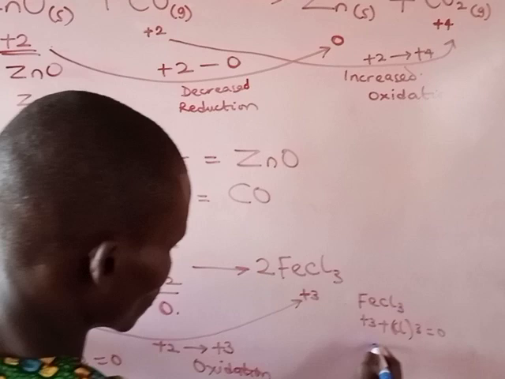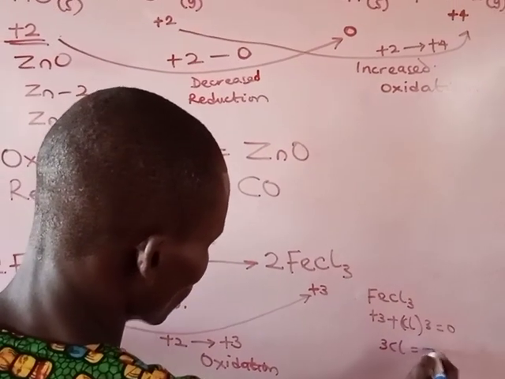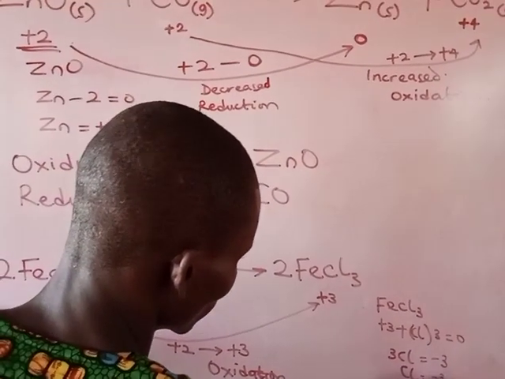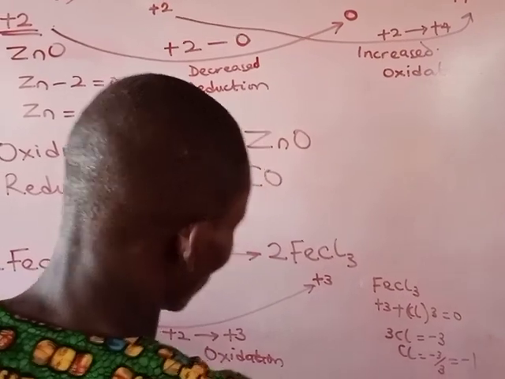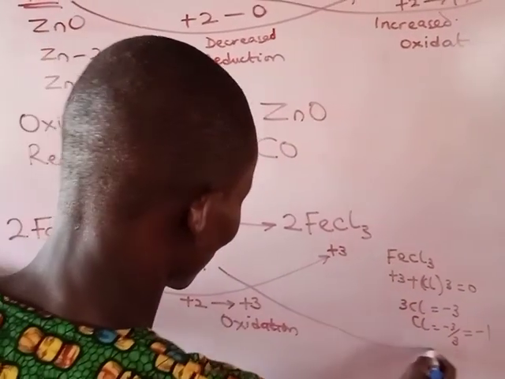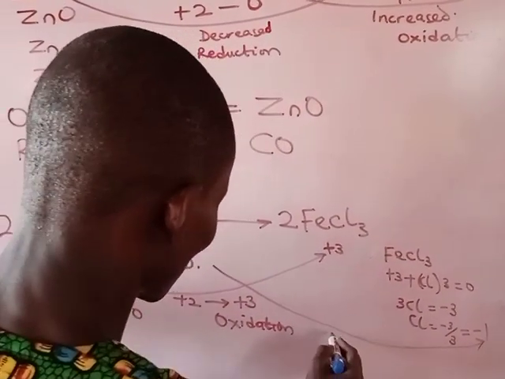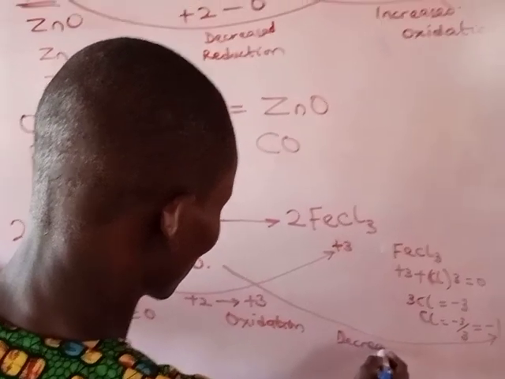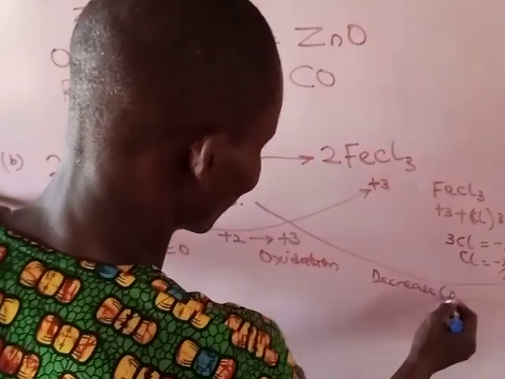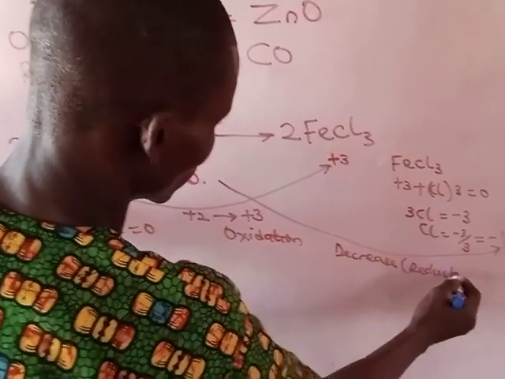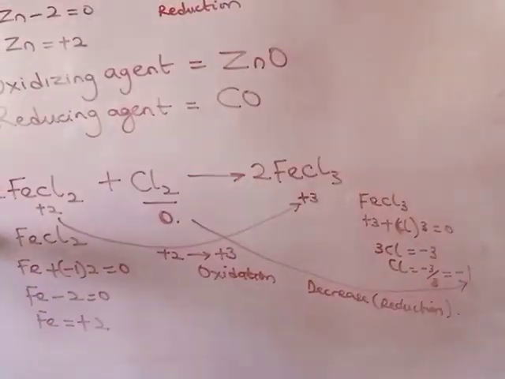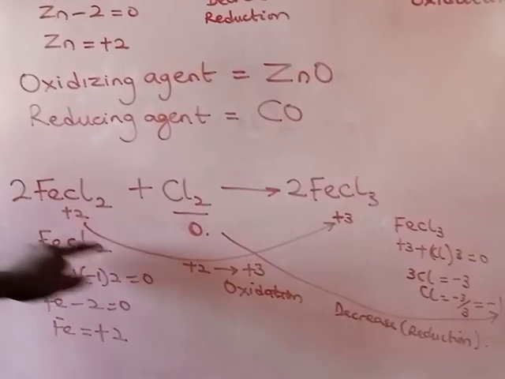So 3Cl will be -3. Cl will be -3 over 3. That's -1. So from 0 to -1 is a decrease. That's a reduction. But don't forget, this has been oxidized.